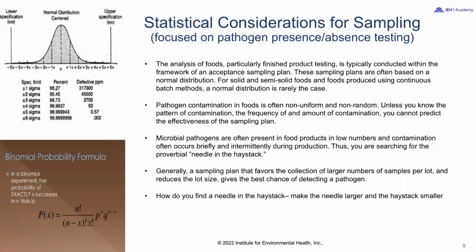Also, imagine a production line where you may have a pathogen contaminating food contact equipment on that line, and every once in a while during the day, a bit of that pathogen gets sloughed off by the movement of product over it and creates a bolus of contamination in your production stream.